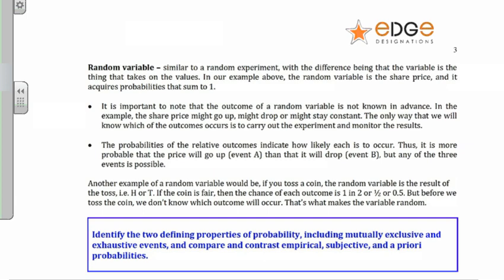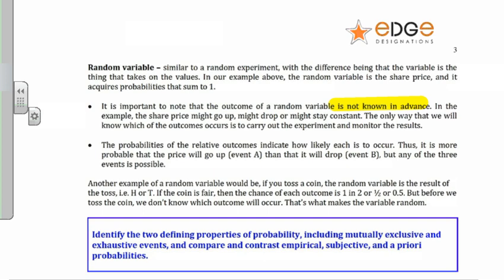The variable is something that will take on a value as we go forward. It's important to note that the outcome of a random variable, same story, is that we don't know it in advance. Because remember, as I sit today, I don't know, will the share price go up, go down, or stay the same? Yes, once we finish the experiment one day later, then I know what's happened to the share price.